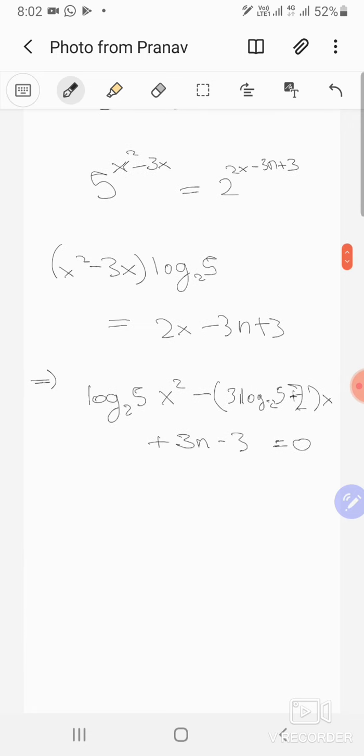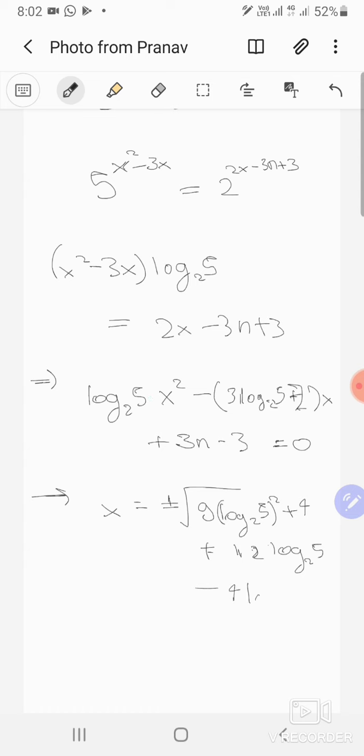Fine, so just solve it using the quadratic formula. So x equals plus or minus the square root of b squared, which is this thing squared. It's going to be 9 log base 2 of 5 squared plus 4, plus we got 6 times 2 is 12 log base 2 of 5, minus 4ac, so it's going to be minus 4 times this guy times that guy, so minus 4 log base 2 of 5 times 3n, right?